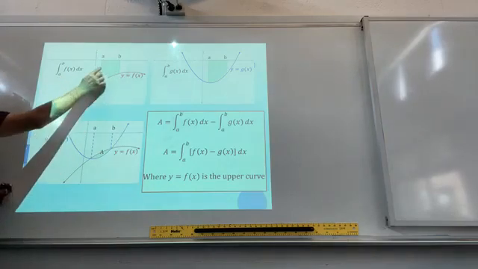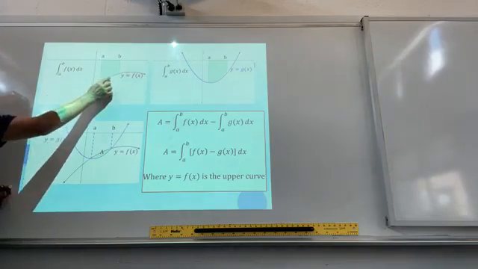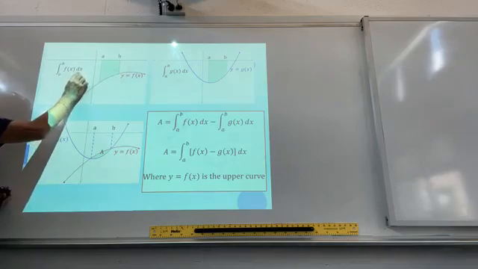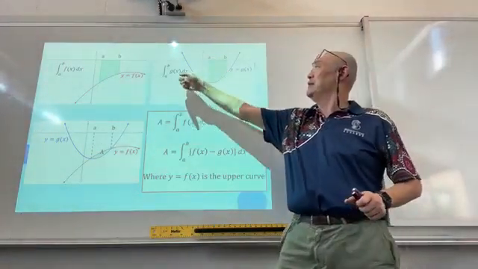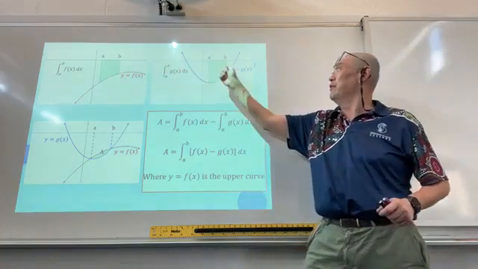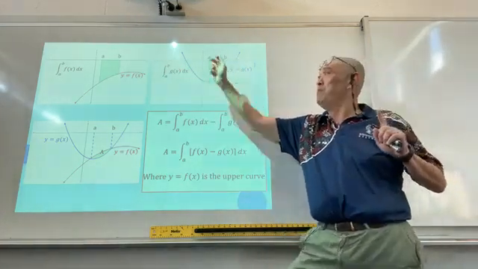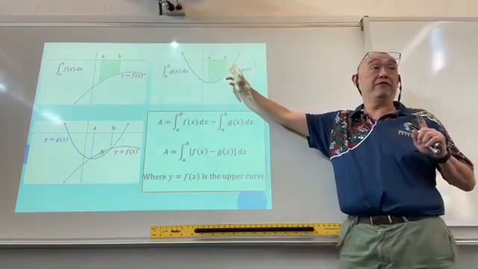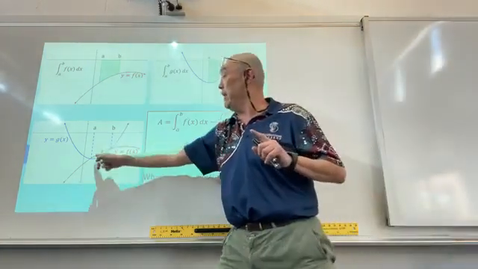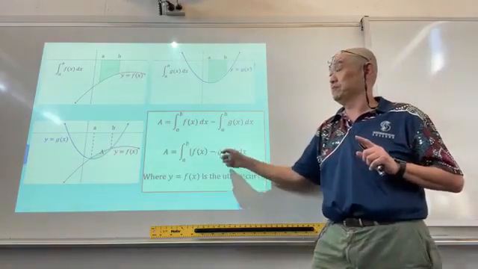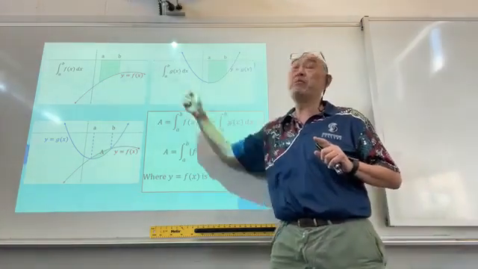Area under the curve is the integral from a to b of f(x) dx. Same with this one, the integral from a to b of g(x). Now, because this is negative, negative take away negative, you will actually have a positive area.